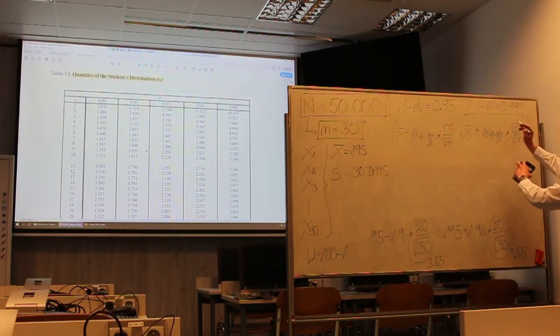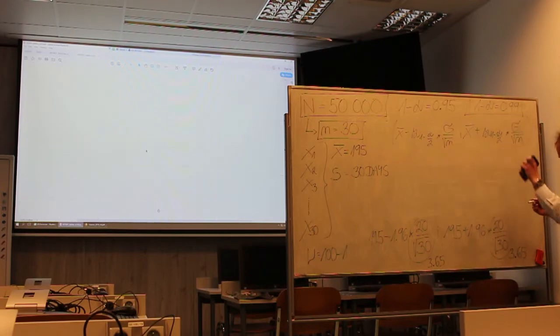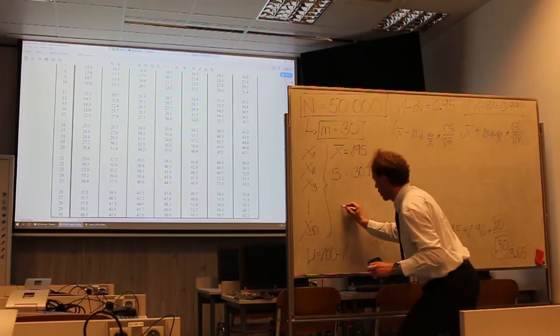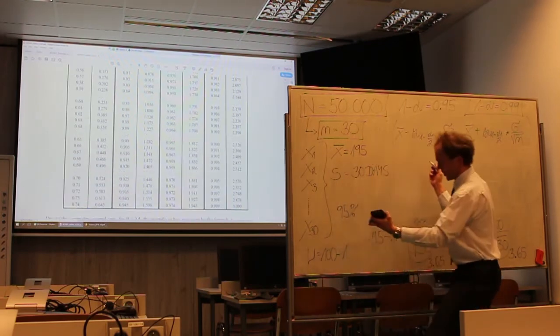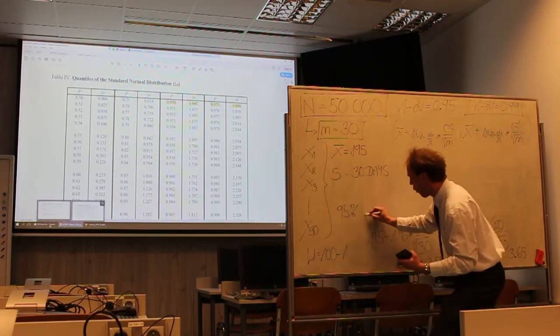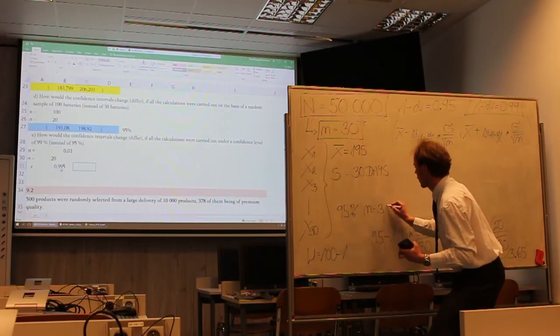We will compare this with the original result, the original 95% two-sided confidence interval for n equal to 30.